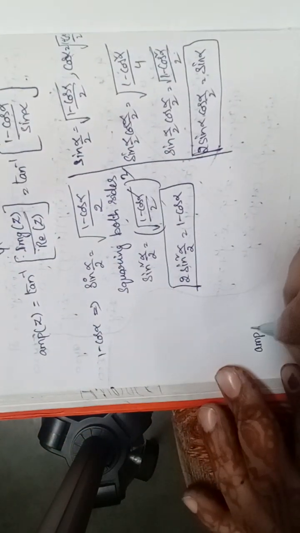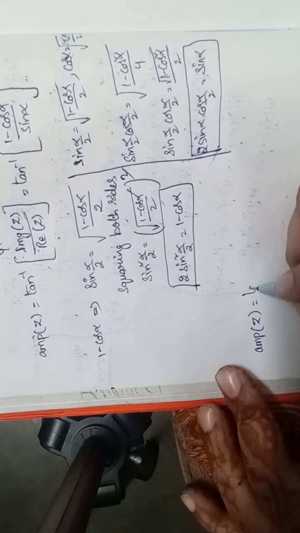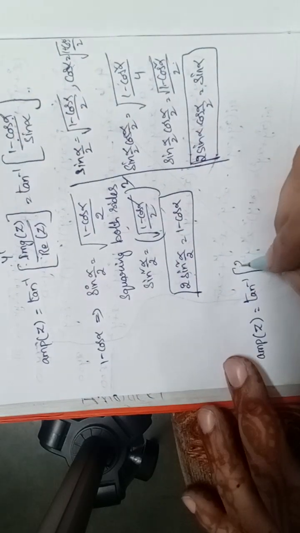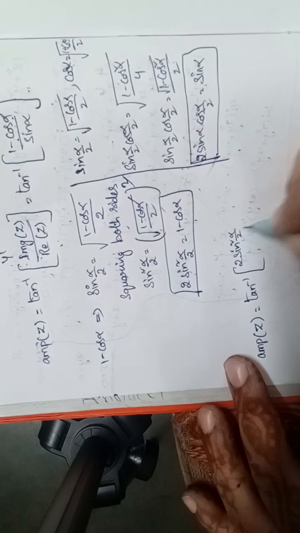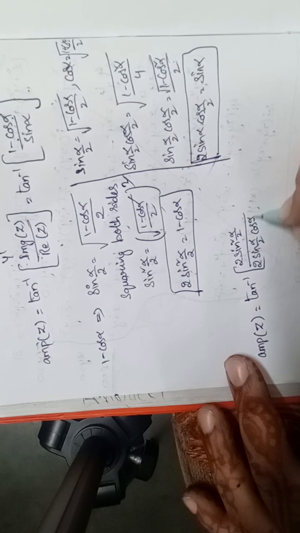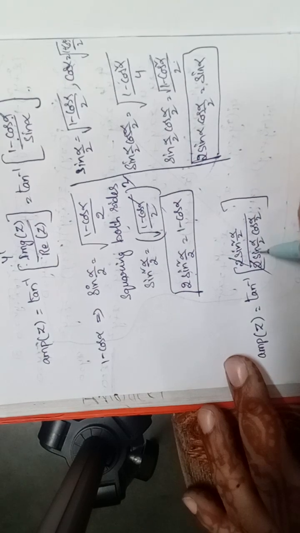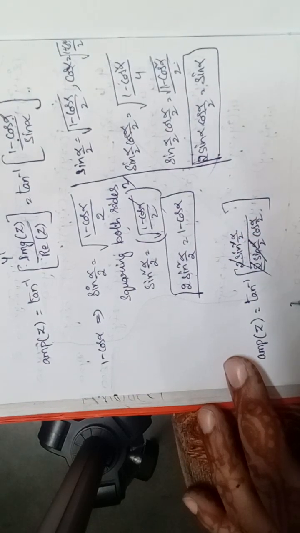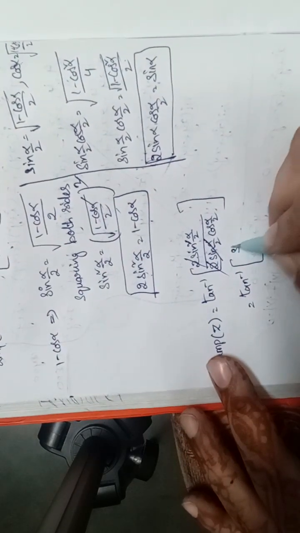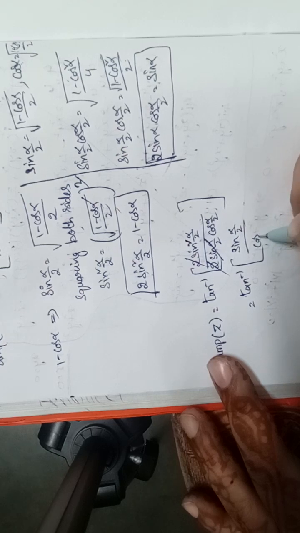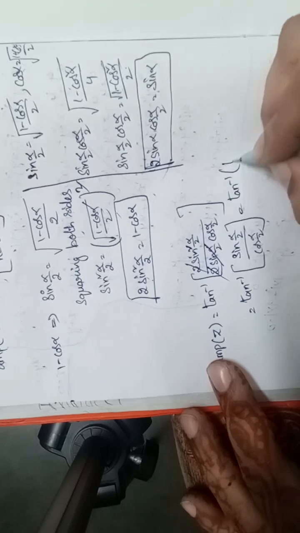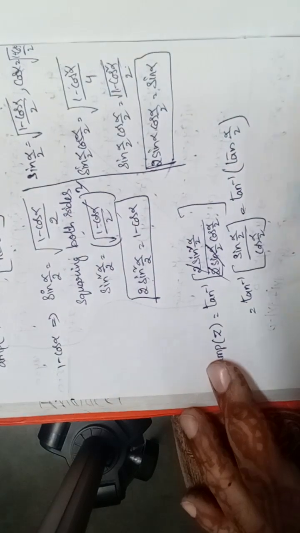So AMP of z equals tan inverse of (1 minus cos alpha), which is 2 sin square alpha by 2, divided by 2 sin alpha by 2 cos alpha by 2. The 2s cancel, sin alpha by 2 cancels, and what is left is tan inverse of sin alpha by 2 by cos alpha by 2, which equals tan inverse of tan alpha by 2.